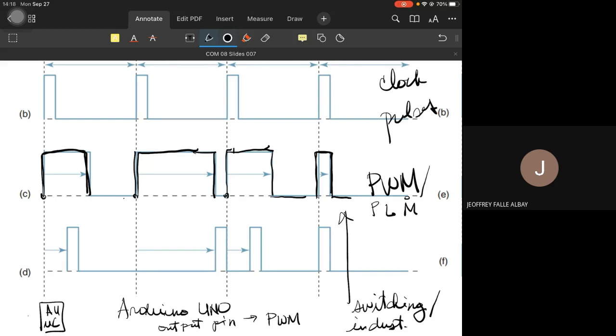Microcontroller. Its input is analog. Let's understand that the Arduino is not a processor, so it does not process the analog signal.